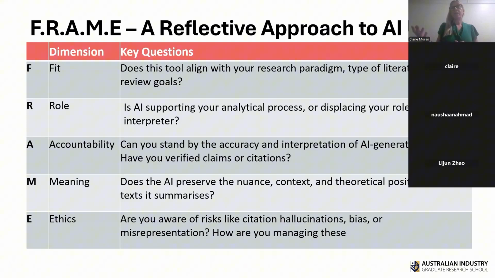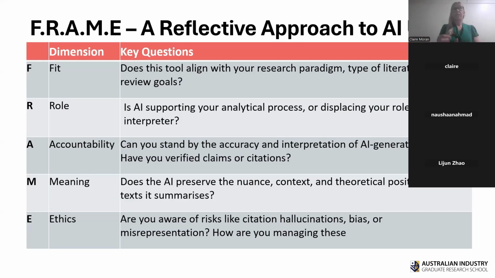Again, I don't want this to sound like AI doom and gloom, as if we're saying we shouldn't be using AI. What we need to always be mindful of is recognizing that there are risks. What are those risks? How are we managing those risks? Is it suitable for what we're doing? What role am I taking? What role is the AI taking?